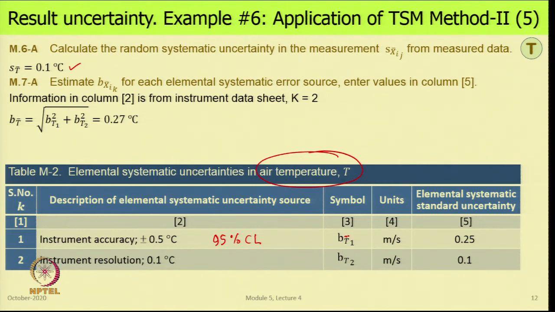So, the elemental systematic standard uncertainty due to accuracy is 0.25 and similarly because of instrument resolution which we take as 0.1 degrees C. So, the units here are degrees Celsius, this is 0.1 and we go back and add it in this formula and we get that the systematic standard uncertainty in temperature is 0.27 degrees Celsius.